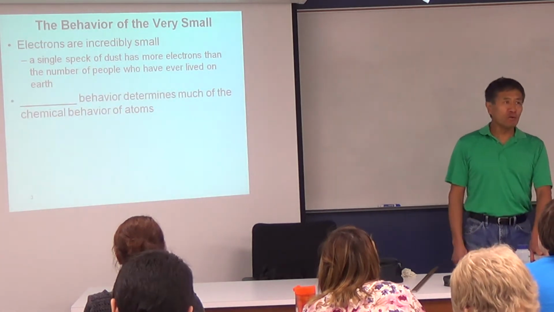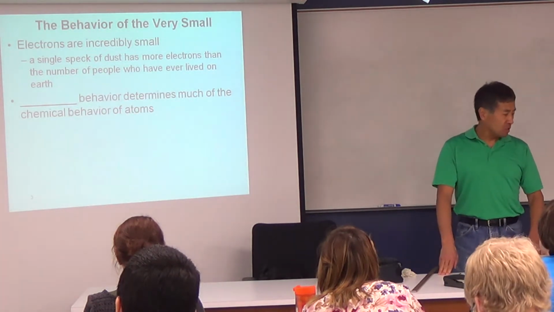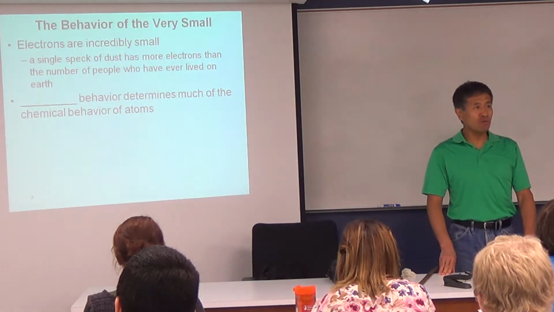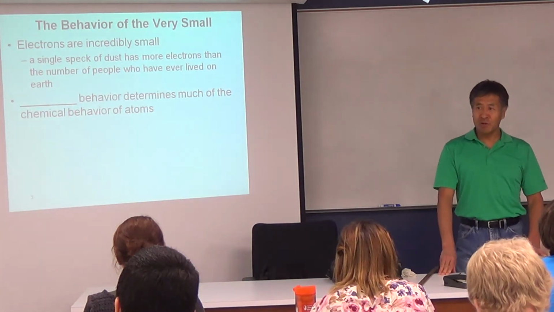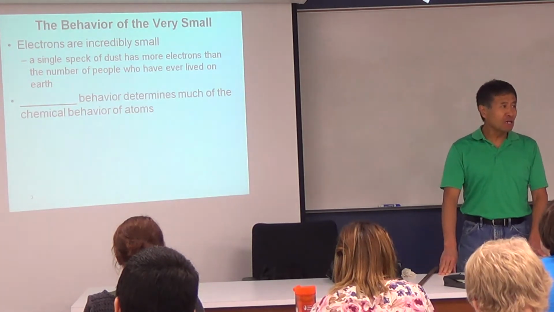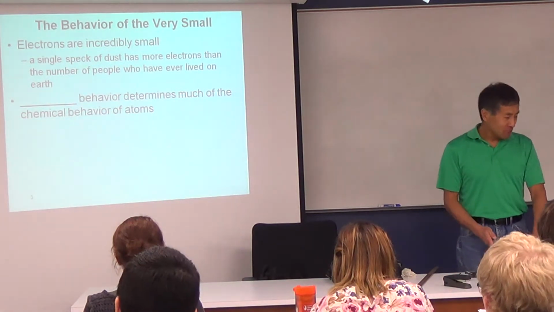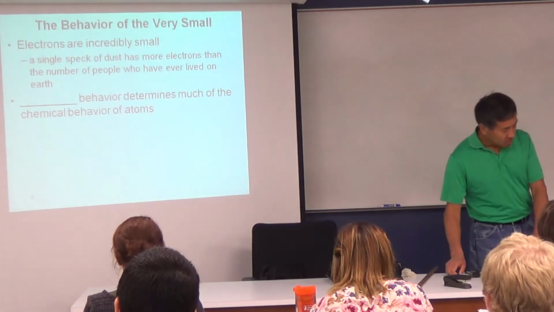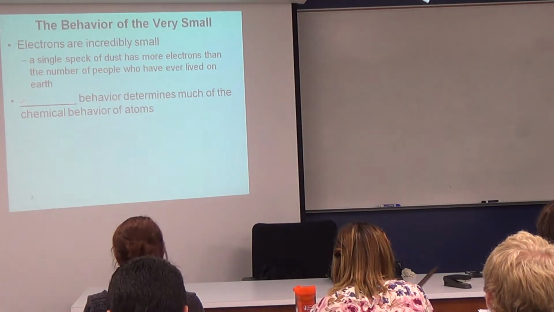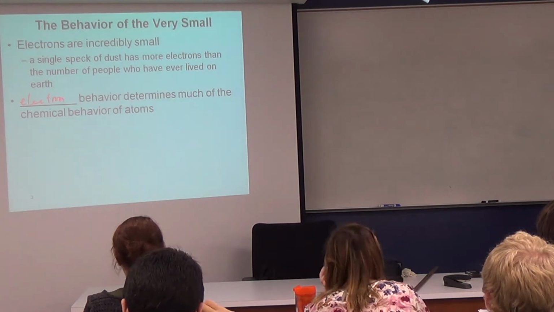But as we know, in chemistry, most of the chemical behavior depends on the behavior of atoms and molecules, and then the chemical behavior of atoms and molecules depends on the electrons. So electron behavior determines much of the chemical behavior of atoms.